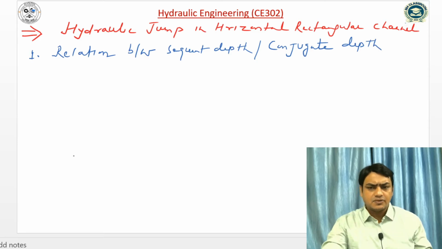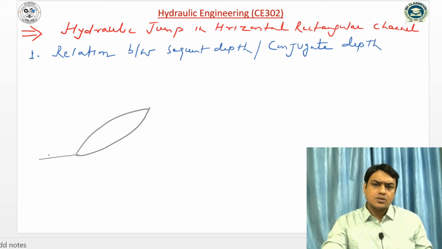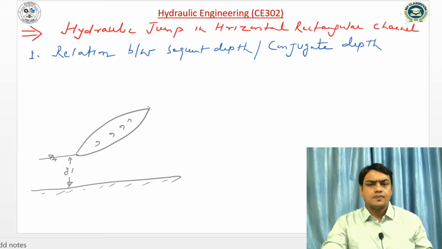Let us assume this is our hydraulic jump. This depth is called the initial depth, and this is called the final depth or post-jump depth.